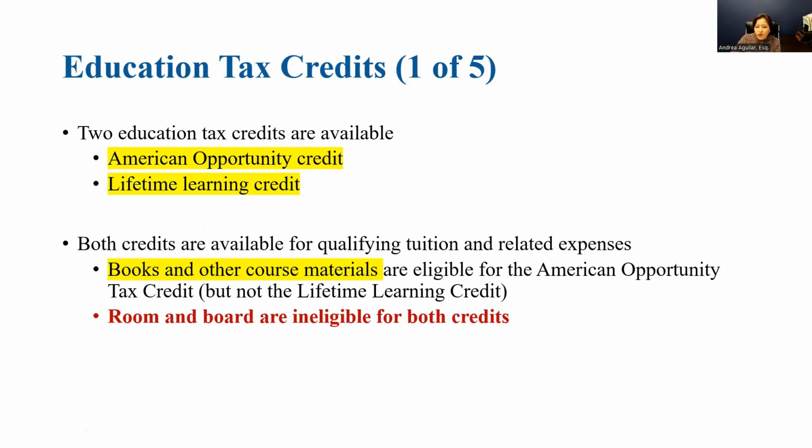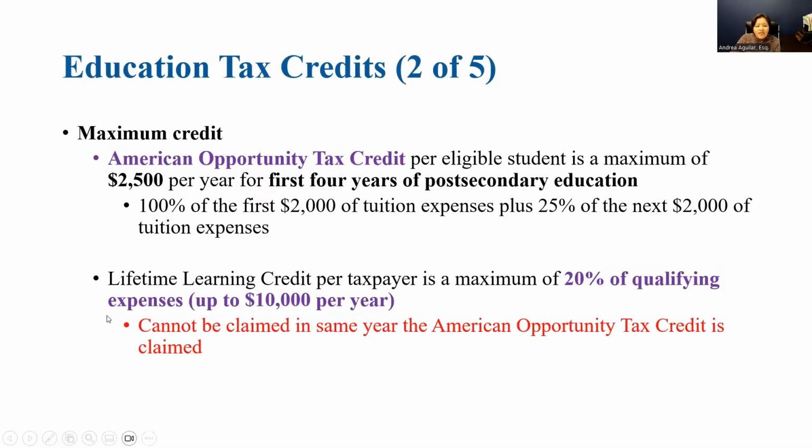Books and other course materials. Those are the expenses that will qualify. Room and board, you generally need to spend money on this, but unfortunately, these are not qualifying expenses for education tax credit purposes.